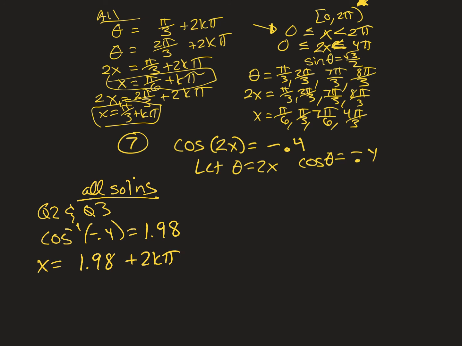And to capture all quadrant 3 angles, I can just do minus that, because negative 1.98 will land in quadrant 3. If you wanted to do a positive quadrant 3 angle, you'd have to first find the reference angle, which would be taking that 1.98 and subtracting pi to get the reference angle.